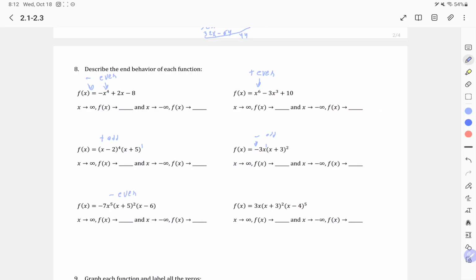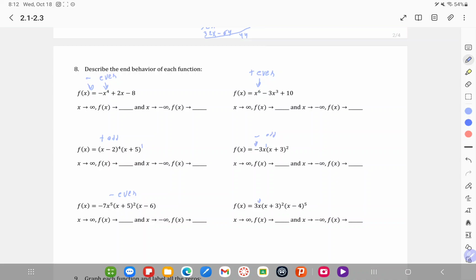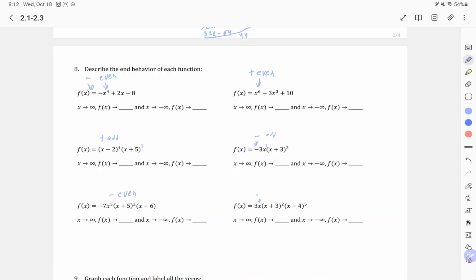Here you look at it, you see this one, well, you have 1 plus 2, 3, 3 plus 5, 5, 6, 7, 8, you have 8, and it is positive. So positive even.